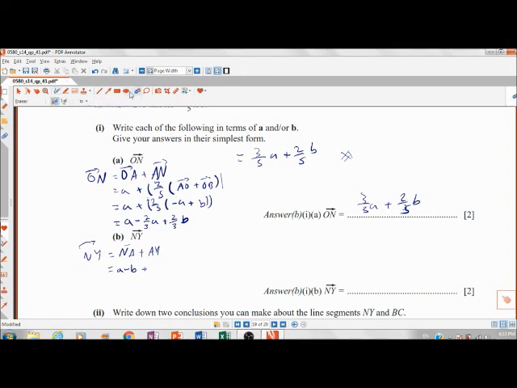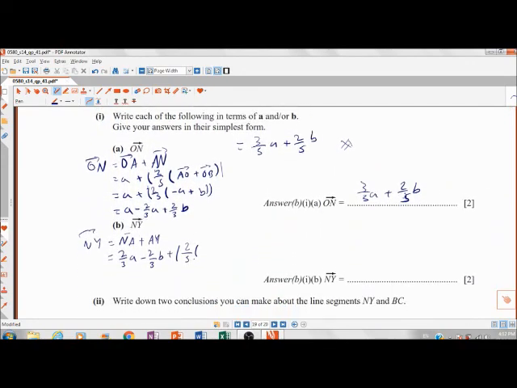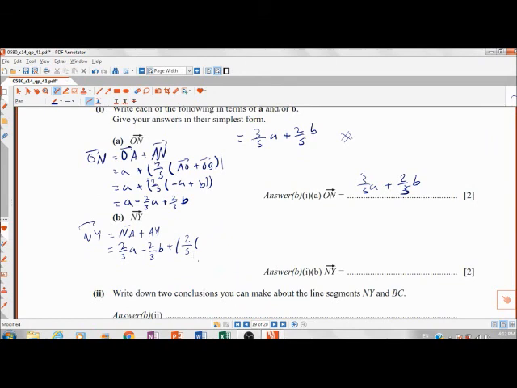AB is negative a plus b, plus BC, BC is b.